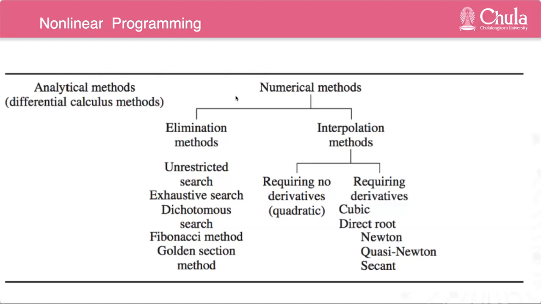And the second one, the numerical method. And for numerical methods, we can broadly classify them into elimination methods and interpolation methods. I will start explaining the elimination method first, and then you will see how we can scope down the optimum point.